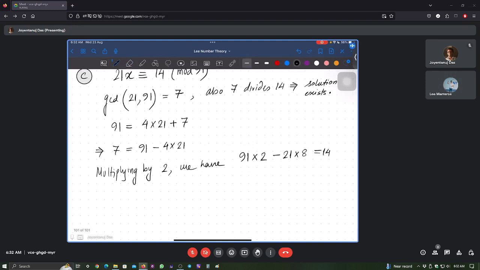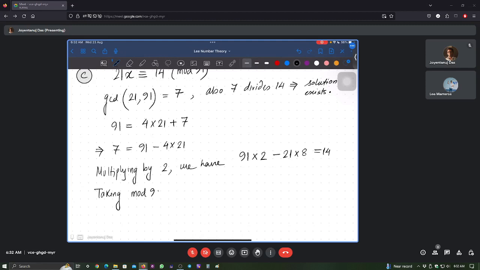Now taking modulo 91, minus 21 into 8 is congruent to 14 modulo 91, right?